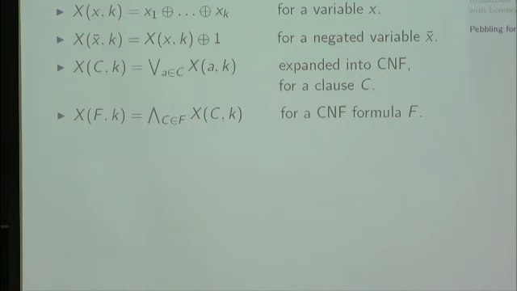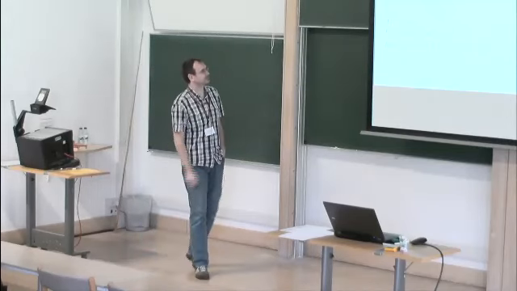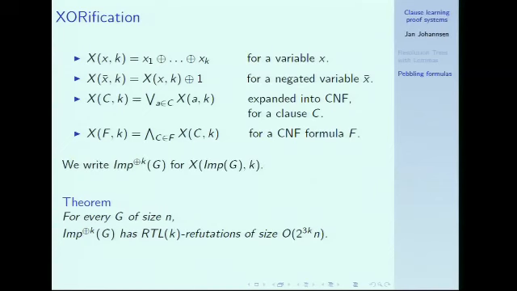So, if we have these implication graph formulas, then we write this for its k-fold XORification. Then it's not quite hard to show, by some inductive argument, that if you are allowed to learn lemmas of width k, then you can refute these in linear size, so size which is exponential in k, but linear in n.